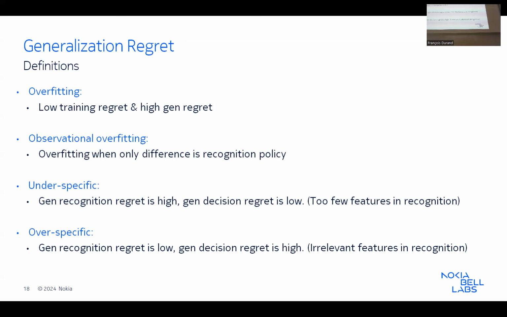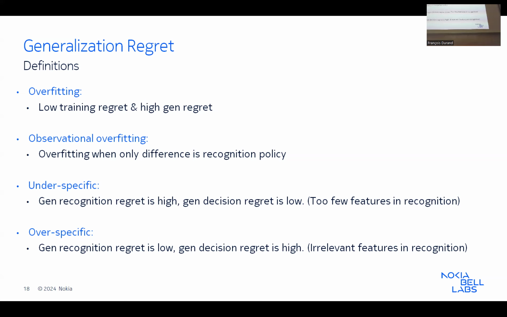And then we can also define the notions of whether a recognition policy is being under-specific or over-specific. If the generalization recognition regret is high, but the decision regret is low, then that effectively means that the recognition policy can't get the right information from the system. So effectively, there are few features in the recognition to work properly.